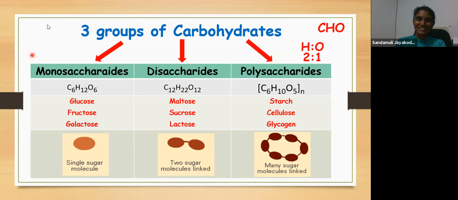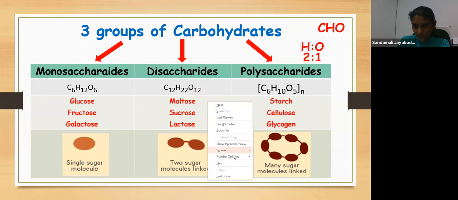Yes, 24 has become 22. Then what is the number which is less? 2. And it is in the H2O molecule. And when it comes to O, there is some mistake here.